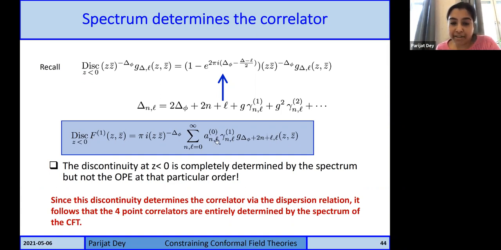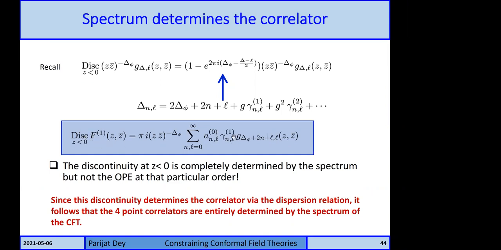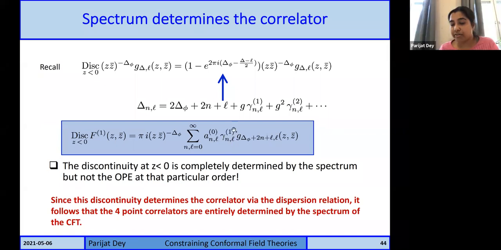Here we are interested in the first order correction to the correlation function, which is determined by the first order correction to the anomalous dimension, and not on the OPE coefficient at that particular order. C1 doesn't play a role here. That's the point.